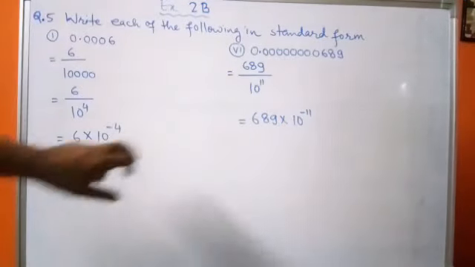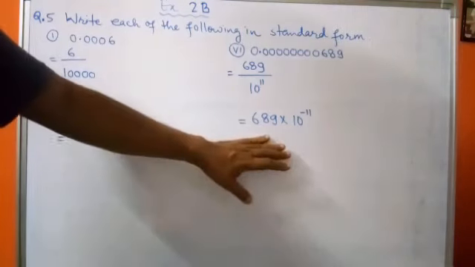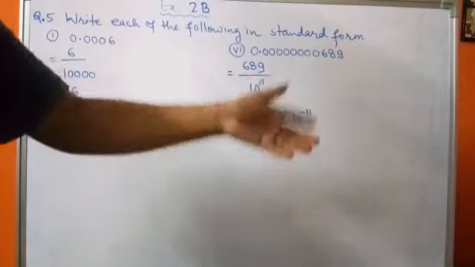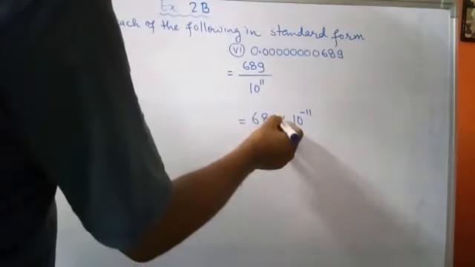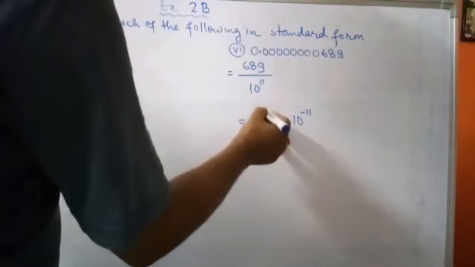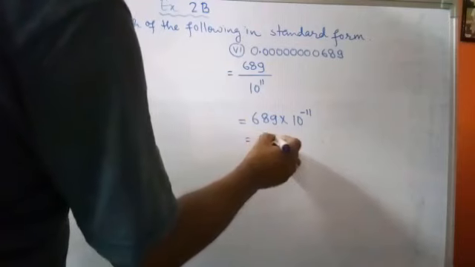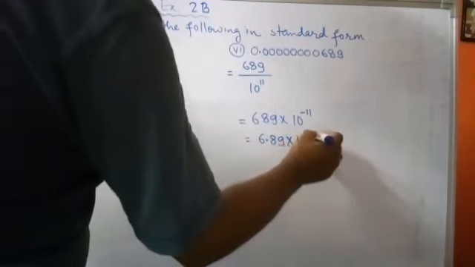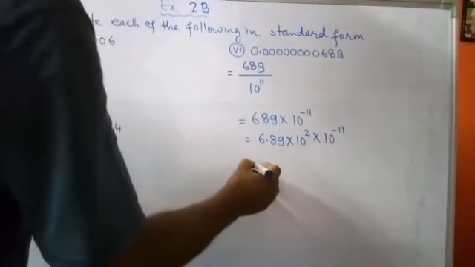Now dear children, this number is not in standard form. In standard form, numbers are written as x into 10 to the power m or n. So here is the decimal. This decimal is to be moved 2 places to the left. That means 6.89 into 10 to the power 2 into 10 to the power minus 11 that we already have.